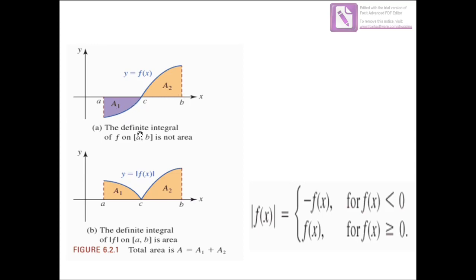But if you want to evaluate the total area, you have to take the absolute value of f(x). Because if you take the absolute value of f(x), then once you evaluate the area, it will be A2 plus A1, because this minus will be up here, it will be positive. So that's why here we get the total area, which is A1 plus A2.